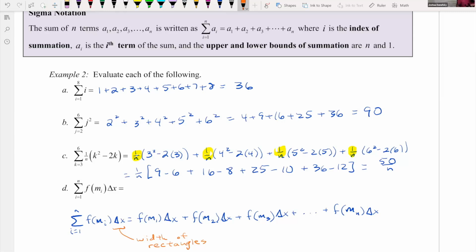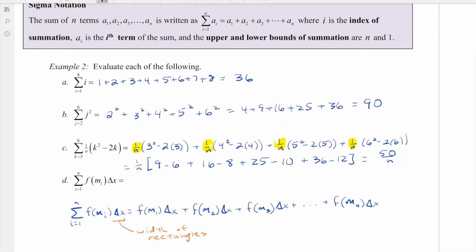And over here, this f of m sub i is going to be the height of our rectangles. And as you know, height times width is going to give us the area of the rectangles. So we are adding up a bunch of areas of rectangles, which is kind of cool. And that's, again, where we're headed.